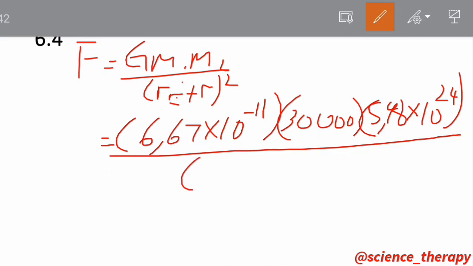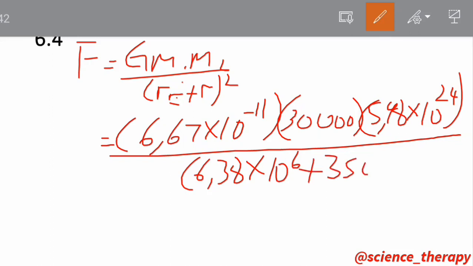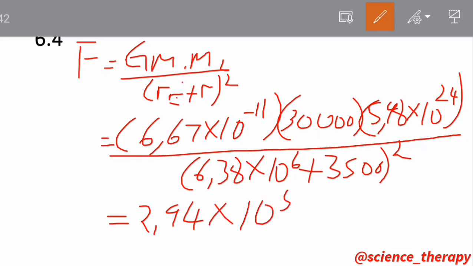So what do we have here? The radius of the Earth is 6.38 times 10 to the power of 6. Then add that to the distance that we are given between the plane and the surface of the Earth. Then square that. Punching all that in your calculator, you have 2.94 times 10 to the power of 5 newtons, right?